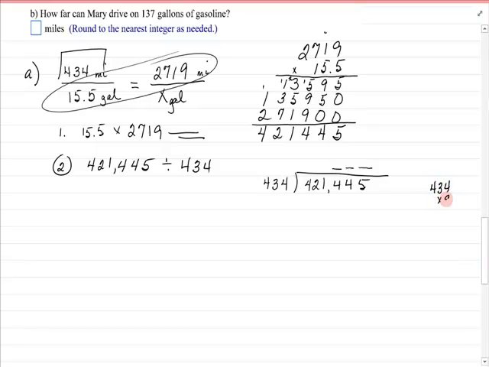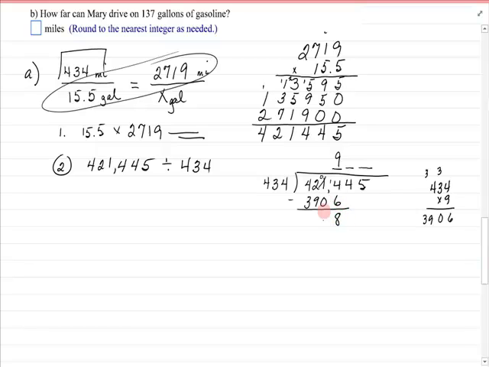So let's see. 434 times 9. I think this will be a 9. That's 36. Carry the 3. 27, 3 is 30. Carry the 3. That's 36. That's 3906. Subtract. I have to borrow.